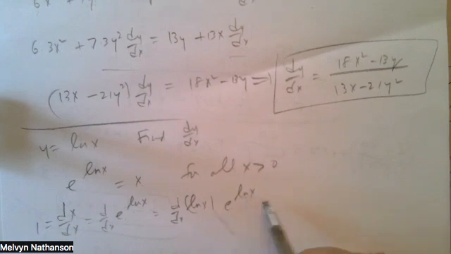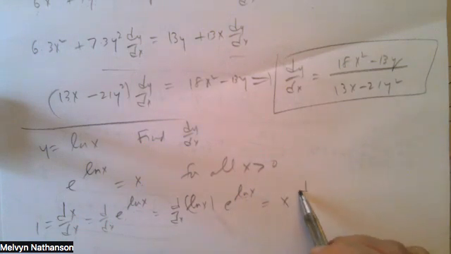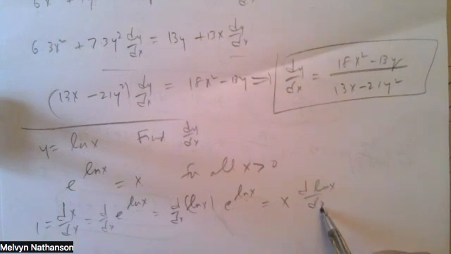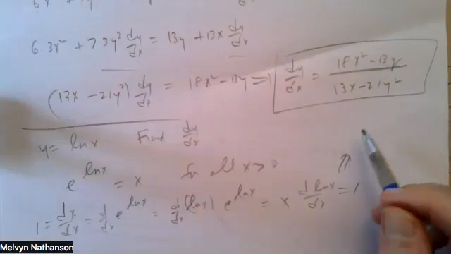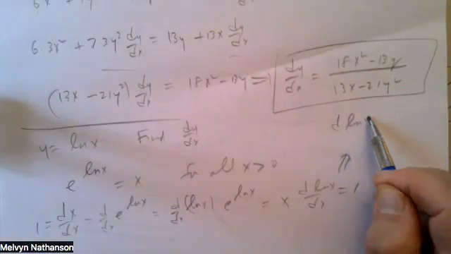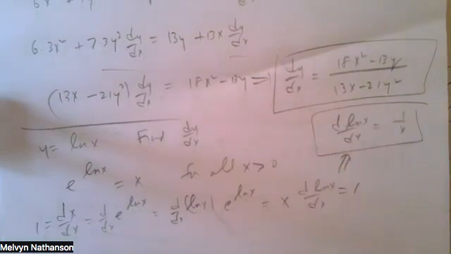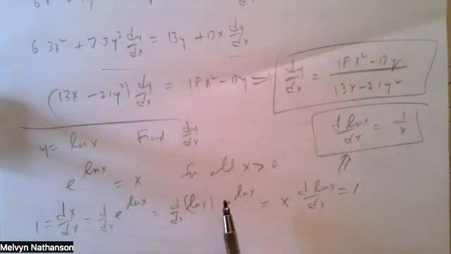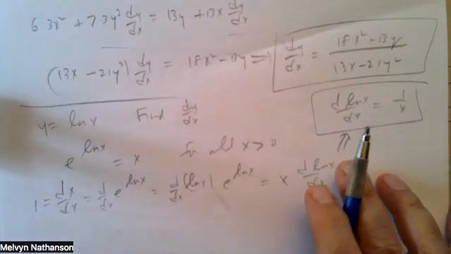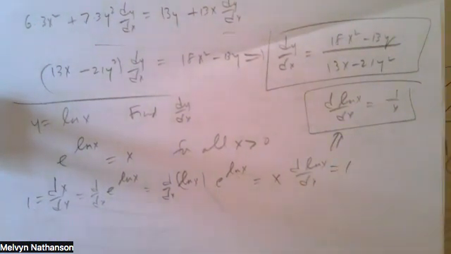Again, e to the log x is x, so this is x times the derivative of log x with respect to x, equal to 1. So if you divide, you get the derivative of log x with respect to x is 1 over x. That's one of the basic derivatives you have to know.